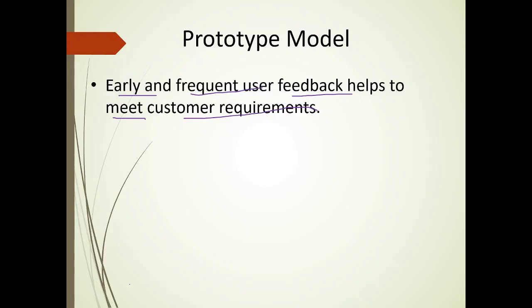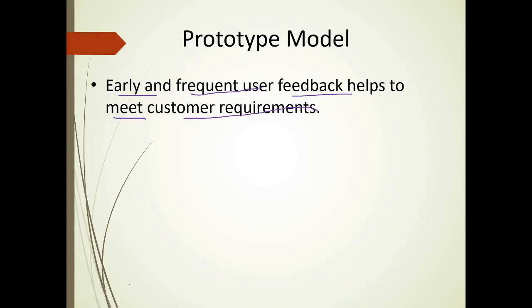You use this model when you are not sure about the requirements, you don't know exactly what to develop, and you're not getting the proper requirements from the customer. To find out the proper requirements from the customer, you can use this model.